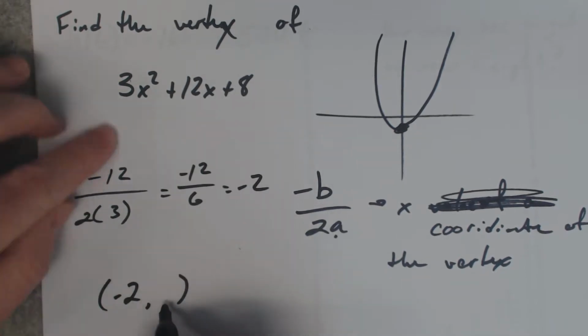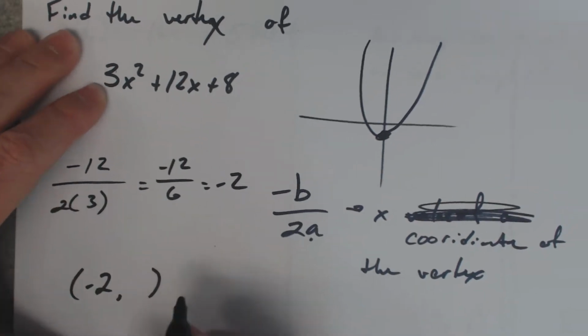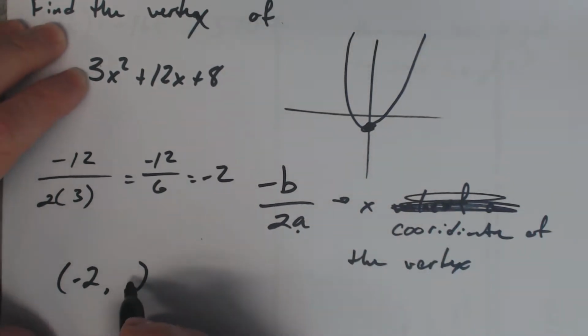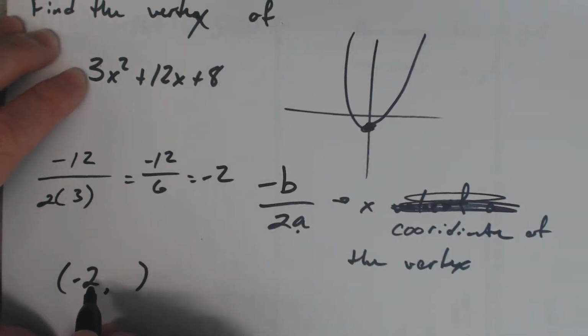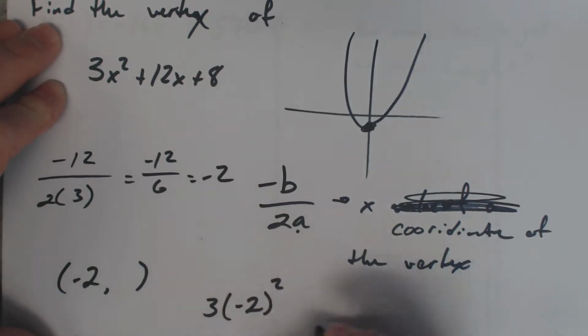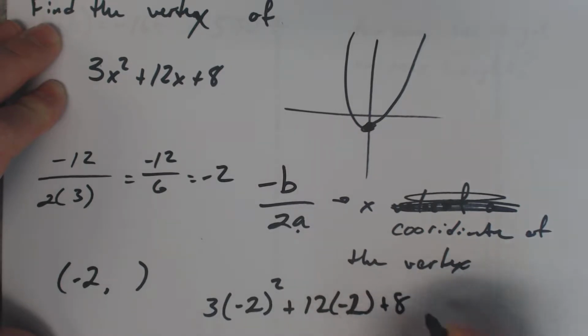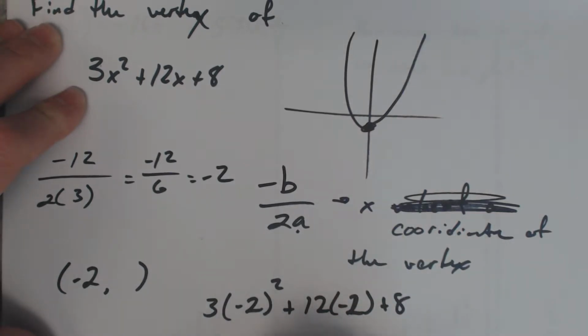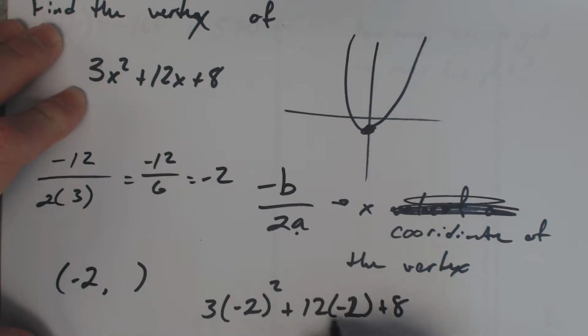So to find the other value, you just plug it back in to get the y value. It works with anything to find a point. You just take your value of x and plug it in. So 3 times negative 2 squared plus 12 times negative 2 plus 8. So it'll be 3 times 4 plus negative 24 plus 8.